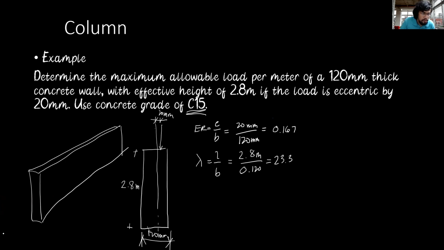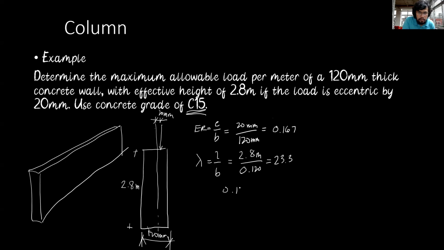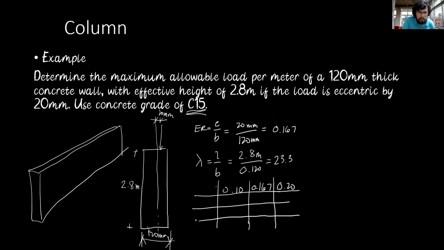Try to recreate the table here. So we have the value 0.10, and we have 0.167 here. We have 0.20 here. Trying to find, this is 25, this is 20.